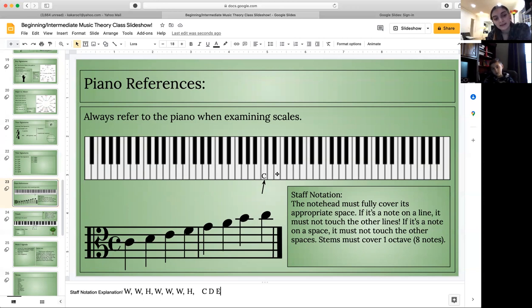Now, if a W is representing whole, if this is a whole step, I must understand that I'm going to skip a black key. So normally if it's a whole step, you're going to skip something. If it's a half step, you don't have anything to skip. So say if I were to perform a half step here, I'd go from my C to a C sharp. That's exactly what the black key after C is. So it's my sharpened note.